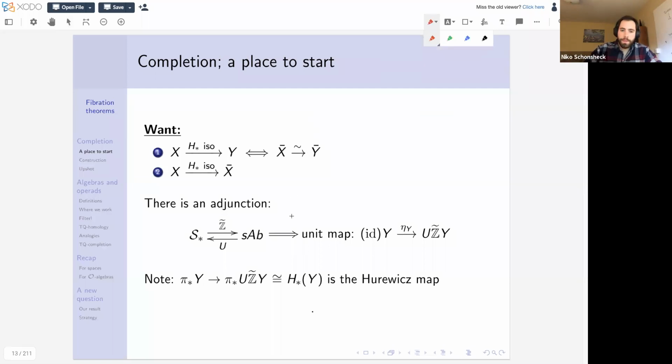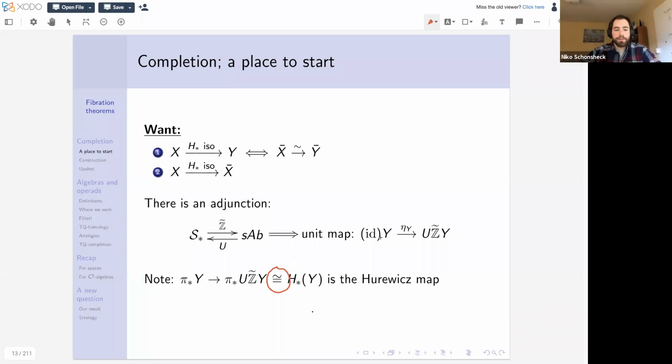This isomorphism here tells me that the homotopy of UZ tilde Y is exactly the homology of Y. And if I apply homotopy groups to this map, composed with this iso, I get exactly the Hurewicz map from homotopy to homology. So a good way to think about this is as a spaces level Hurewicz map.